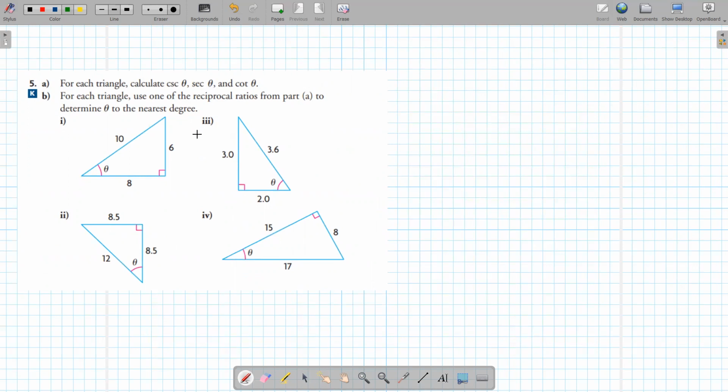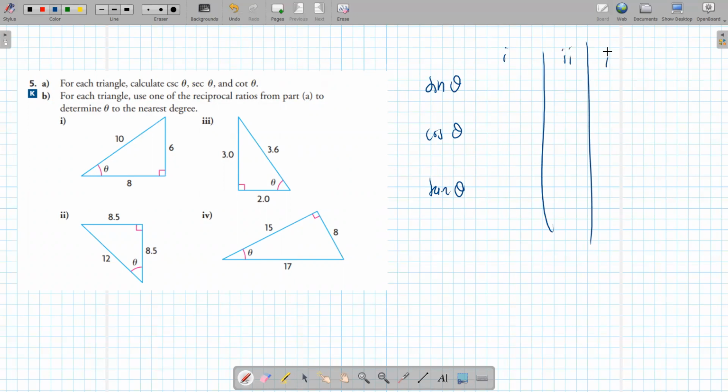Okay, so this one, we already started off with the reciprocal, but don't worry about that. Let's find sine theta, cosine theta, and tan theta for all of them. For I, it's just a visual thing. There's even no math required. For IV, we're going to find this for all 4 of them. So it's going to be SOH CAH TOA.